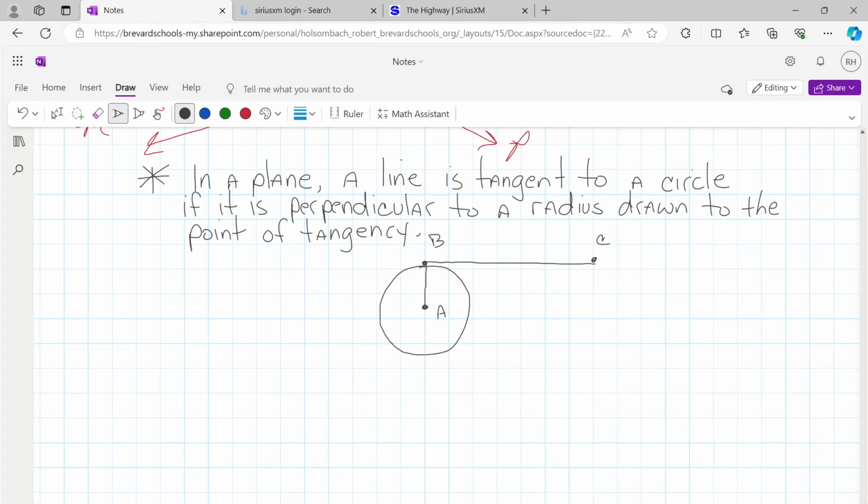Example 2 says, let me redraw this. Let's just add this 90-degree angle right here.